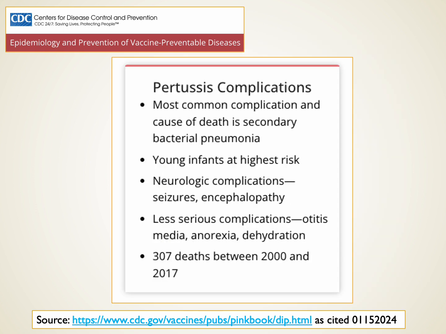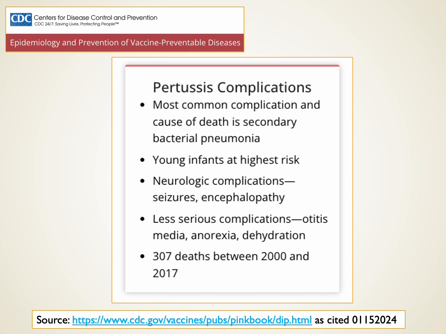The complications include most commonly a secondary bacterial pneumonia, which can be fatal, and it's young infants who are at the highest risk because they can't yet mount an immune response, and their response to vaccines is a bit delayed. So what we hope for is a degree of herd immunity around that newborn patient.